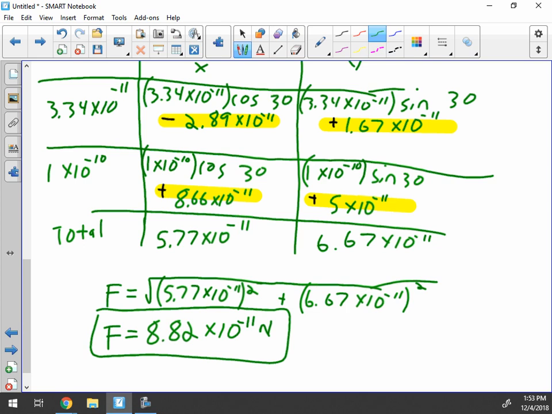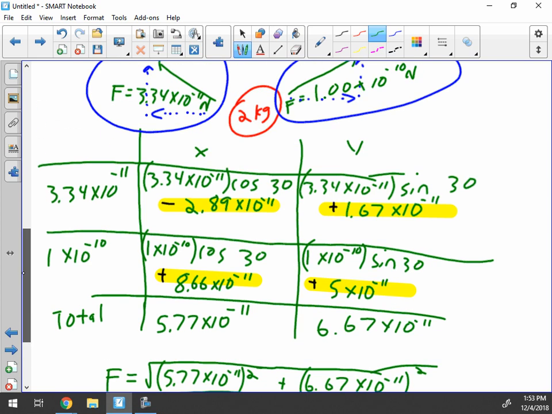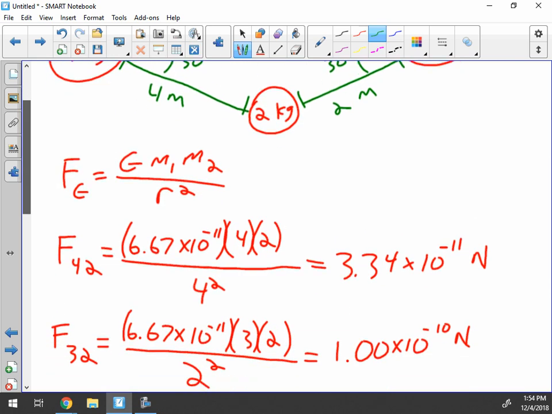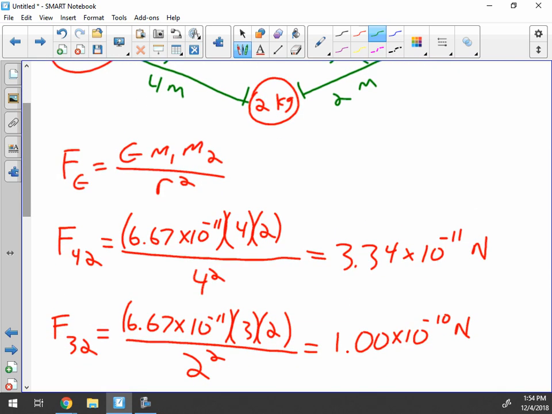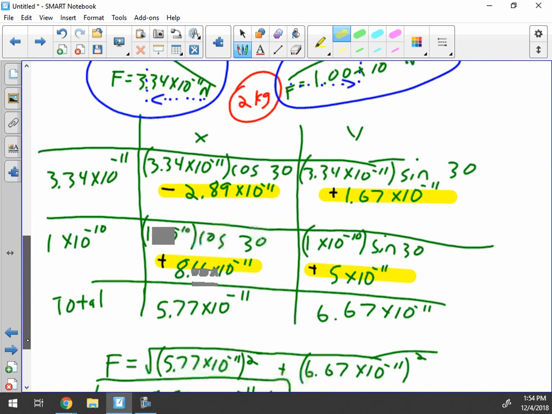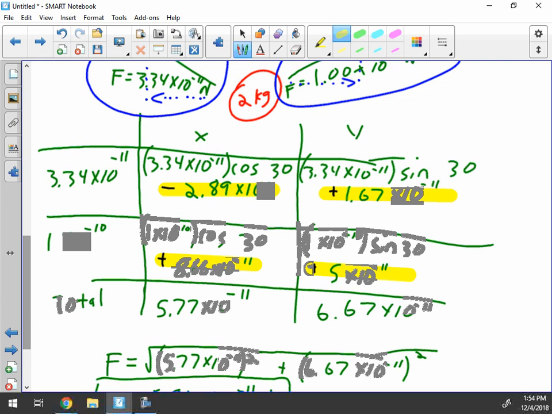This is it. So if I had to count back the steps as a recap, my first step would be to find the two forces between my objects. The second step would be to take those forces and break them up into x parts and y parts.